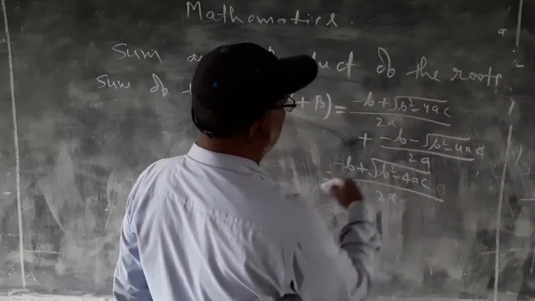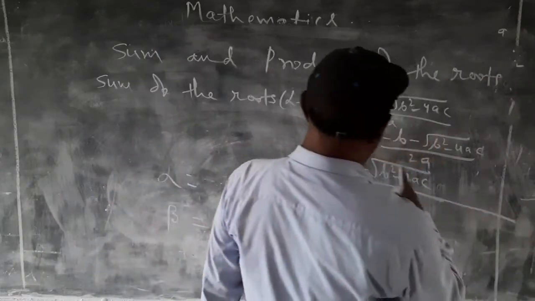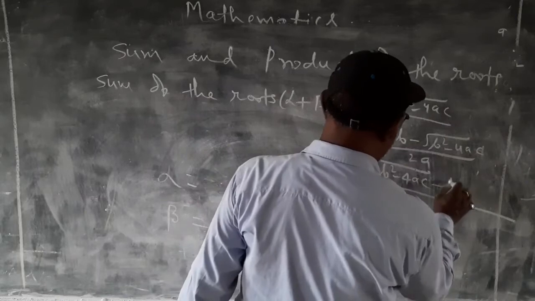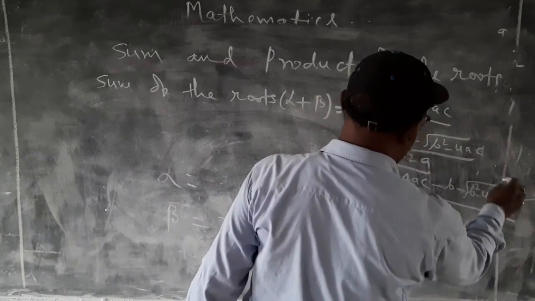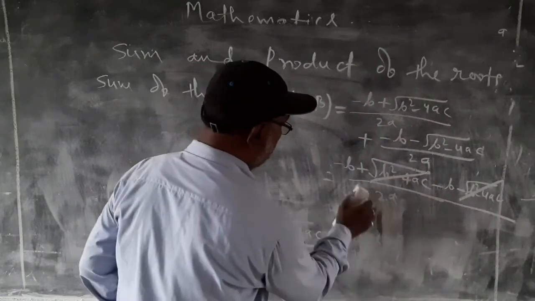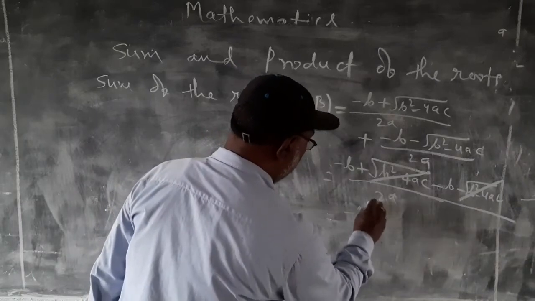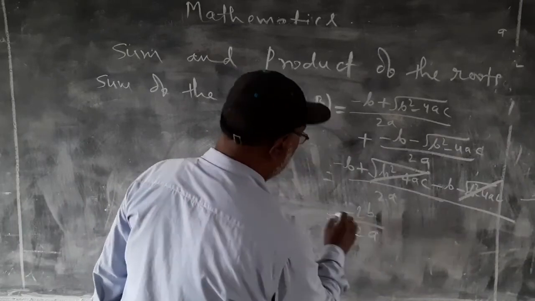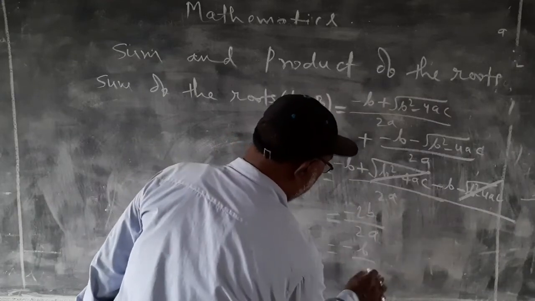That will be the same. If you multiply it by 1, the result is the same number. Now minus b minus root of b square minus 4ac. These two cancel and you get minus 2b by 2a. On cancelling 2, you have minus b by a.